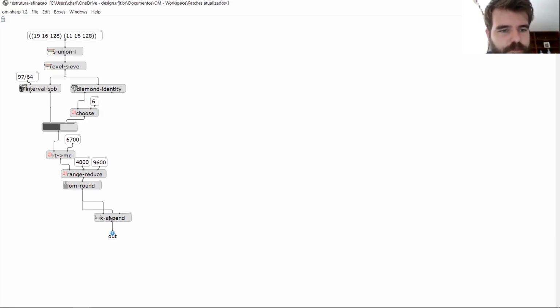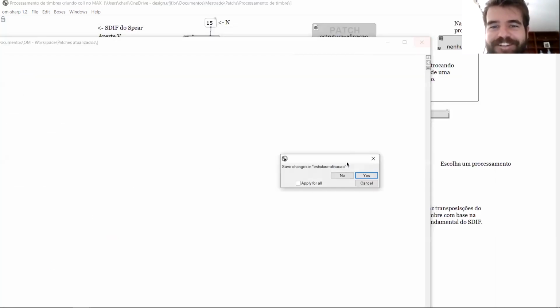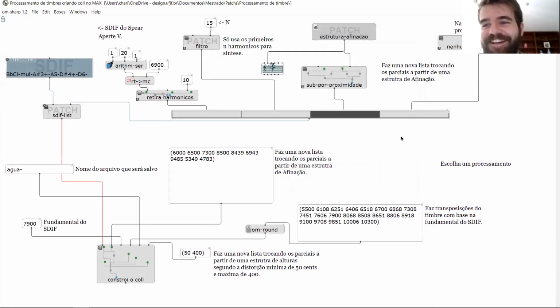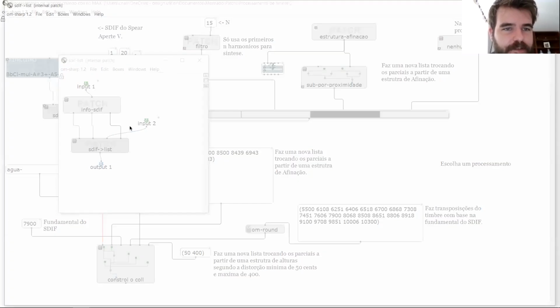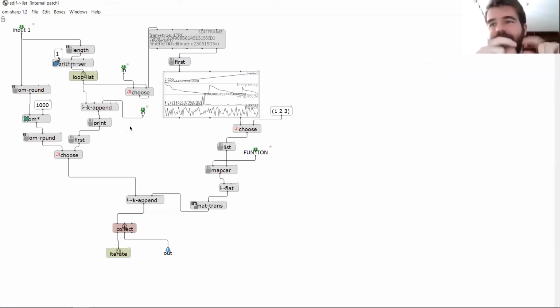Oh yeah, I was not using it. It's good to see other people's patches are just as messy as mine whenever I'm composing. So here I have an SDIF file that I built in Spear, and here I convert the SDIF file into a list.